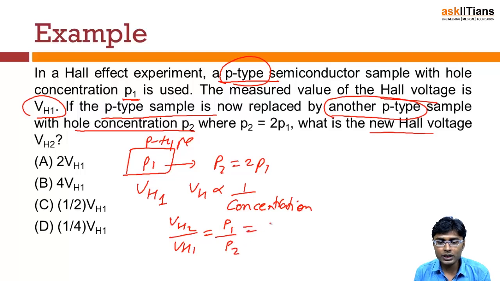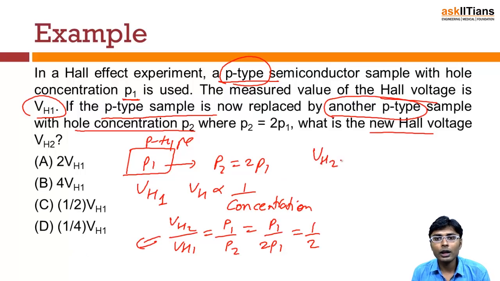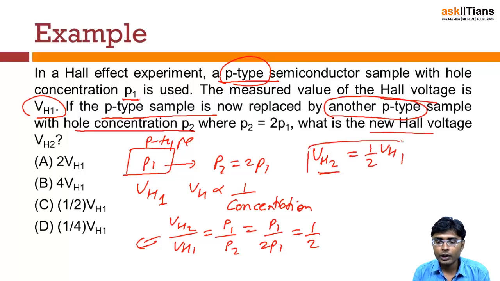And P2 is given to us as twice P1, so this will become half, right? So from here we can say that the Hall voltage of the replaced p-type sample, that is V_H2, will be equal to half of V_H1. So if you see the options, option C satisfies this. Therefore, C is the correct answer for this question.